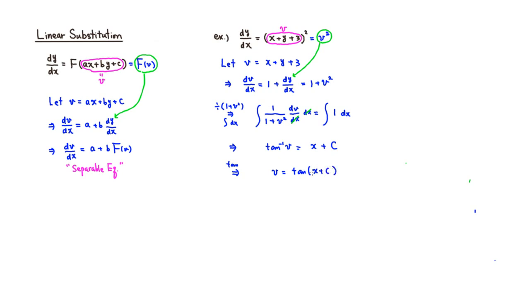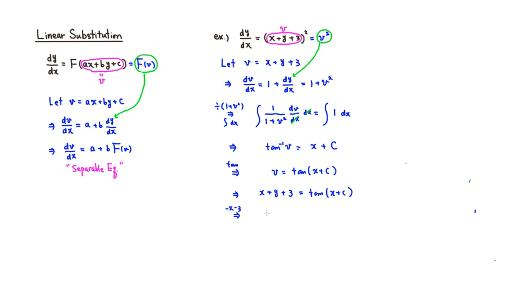All right. Then v is x plus y plus 3. So this is x plus y plus 3, and we already know that this is equal to tangent of x plus c. So in order to isolate y, we can simply subtract x and subtract 3.